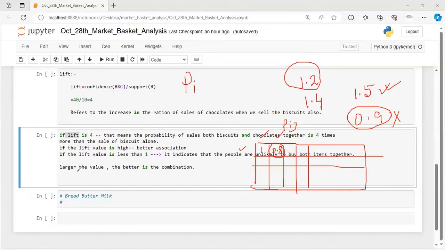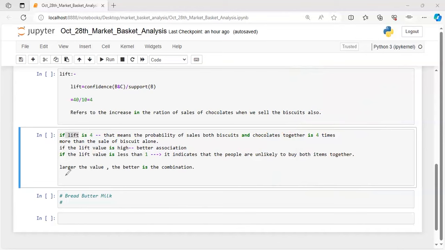You can make the interpretation in a similar way, but not exactly the same. It is also a kind of degree of correlation with respect to lift, support, and confidence level. The important thing is, the larger the lift value, the better the combination.